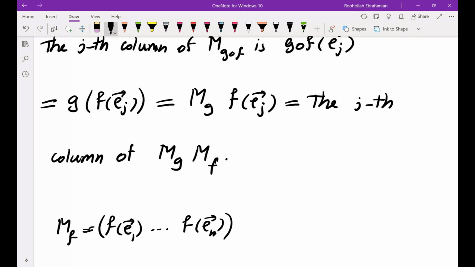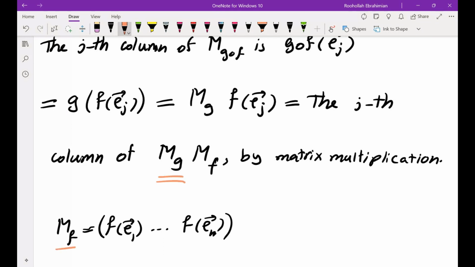So again, by the same theorem, and now this is by matrix multiplication. Let me explain this. If you multiply two matrices, m sub g and m sub f, the jth column of that would be m sub g times the jth column of m sub f.